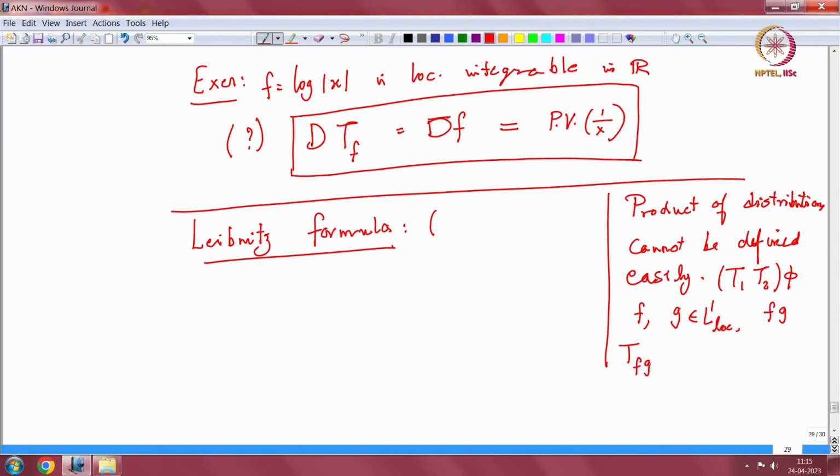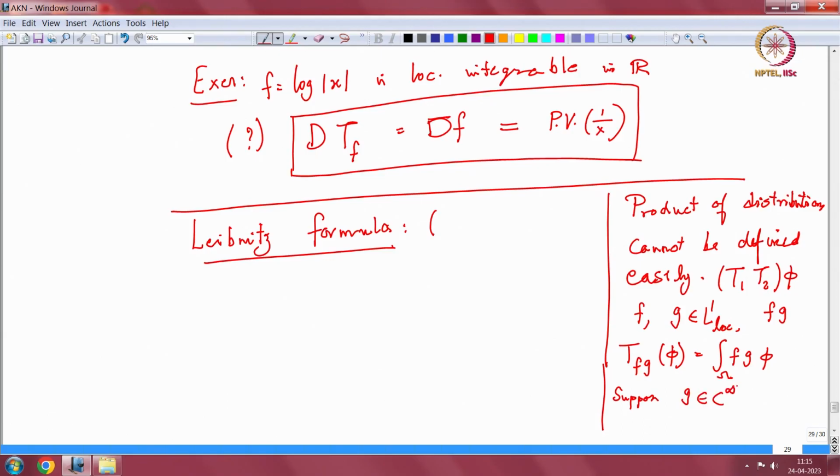If f g is locally integrable, then T f g of phi is equal to the integral of f g phi over omega. But then how do you separate it? Can we write it as T f into T g? That is not possible, but there is a special case. Suppose g is a C infinity function.